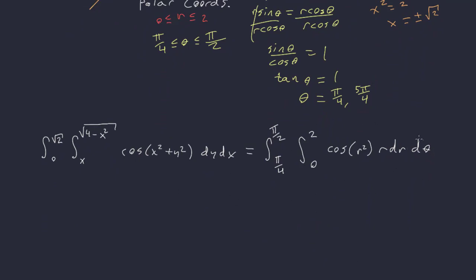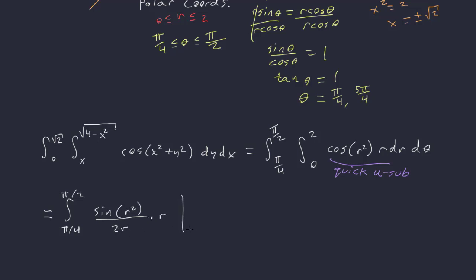Okay, and now this integral we can actually calculate because we can do a quick u substitution, which is just one of my all-time favorite things to do. All right, so the integral of cosine of stuff is going to be sine of that stuff divided by the derivative of that stuff, which will be 2r.